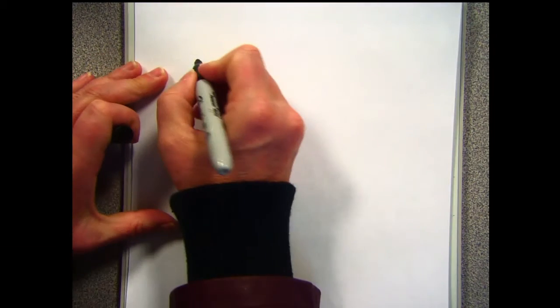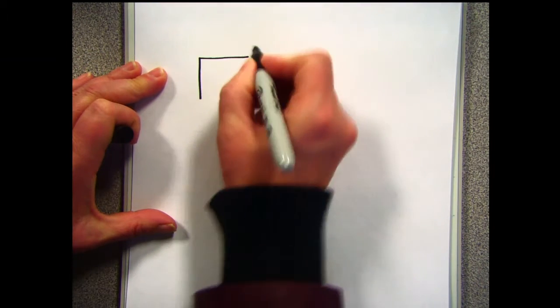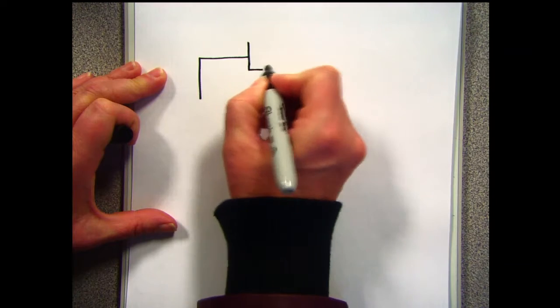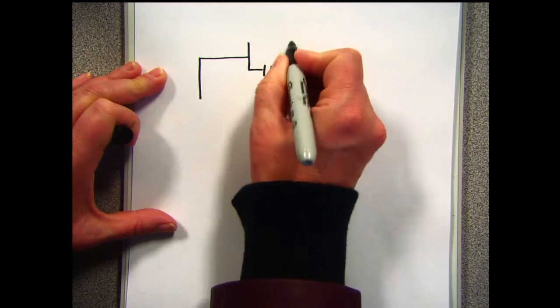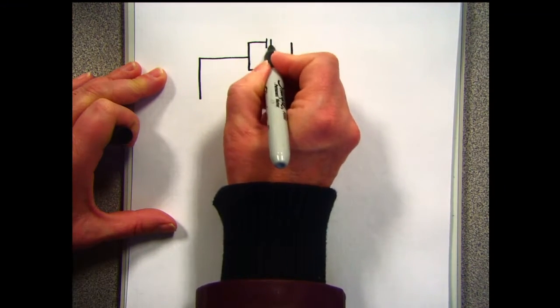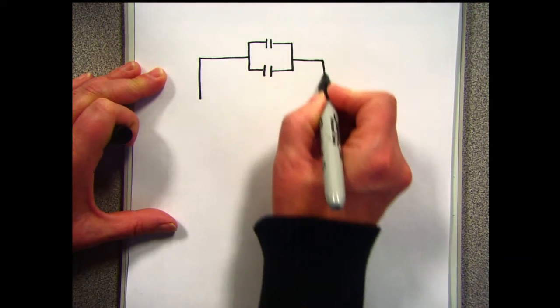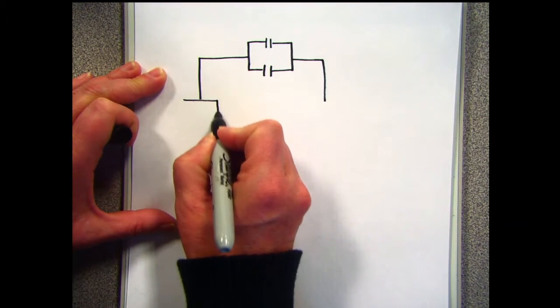So I'm going to draw my circuit, and it's going to look like this. I have a capacitor here, I have a capacitor here, I have another system here, I've got a capacitor, I have a capacitor. Here's my battery.